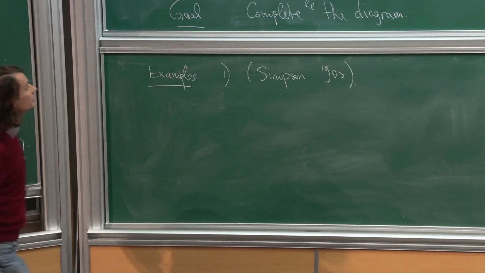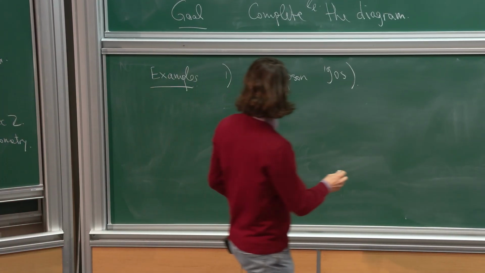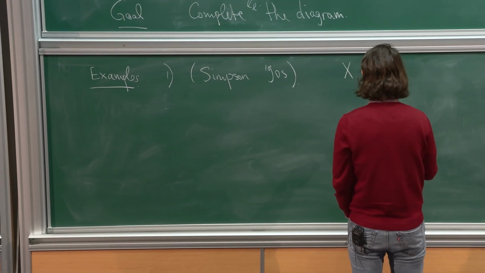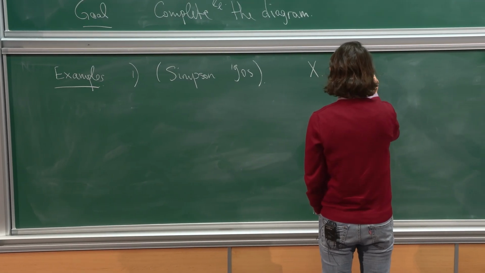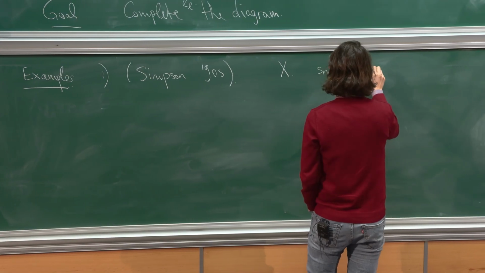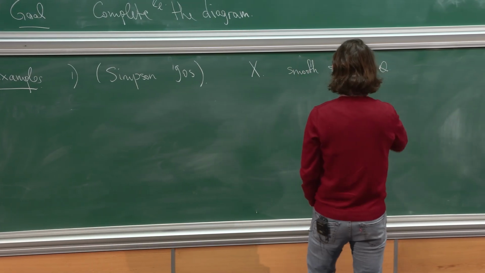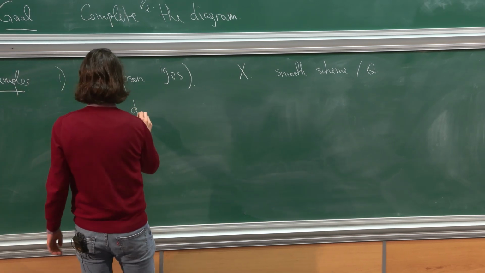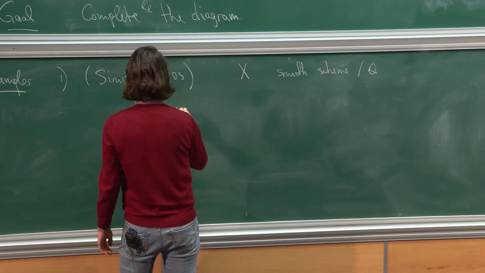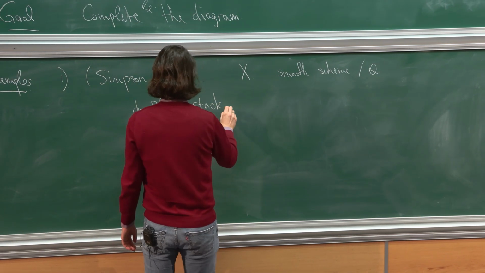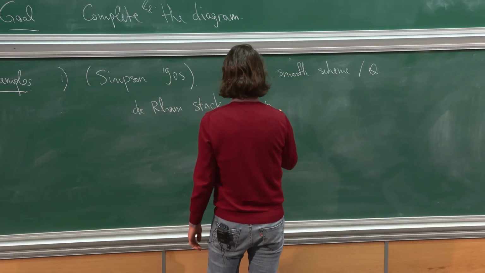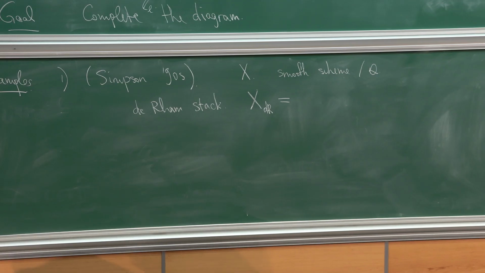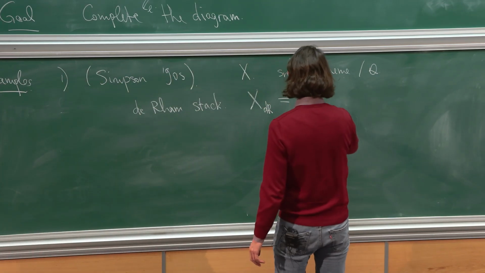He observes that, let's say, so this is about de Rham cohomology, and de Rham cohomology works best if you're in characteristic 0. So let me first explicitly say that this is a smooth scheme over Q. Then he defines the de Rham stack, X de Rham. And usually this is defined in terms of functor of points. I want to rather give you the presentation that I usually have in mind when I think about this.